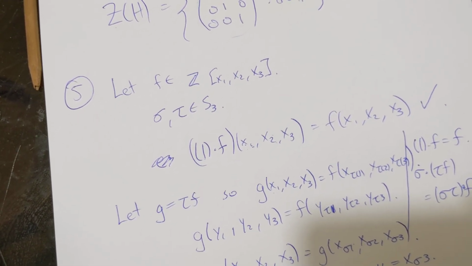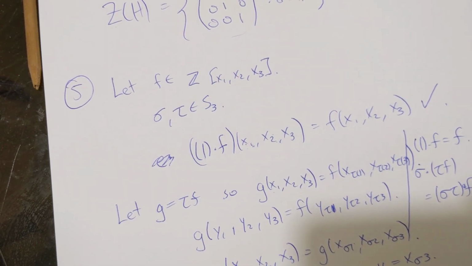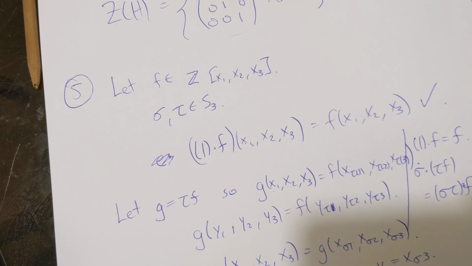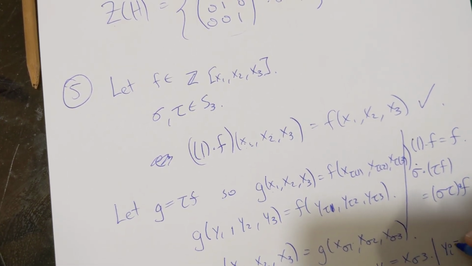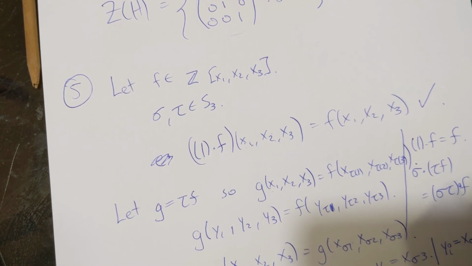And now what is y tau 1? Well, we've made this substitution, y i equals x sigma i.